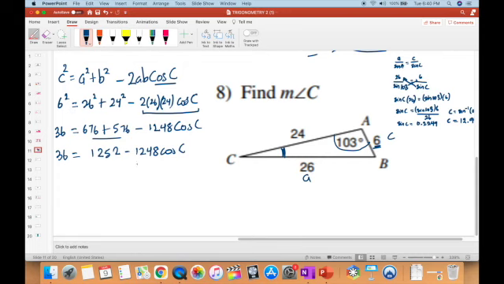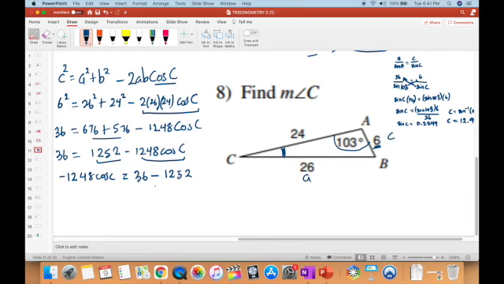Because I only have these two terms, I could throw across this one. So let me write the minus 1248 cos C on this side, and that is equal to the positive 36, and then minus, because I throw this across, it'll become negative 1252.